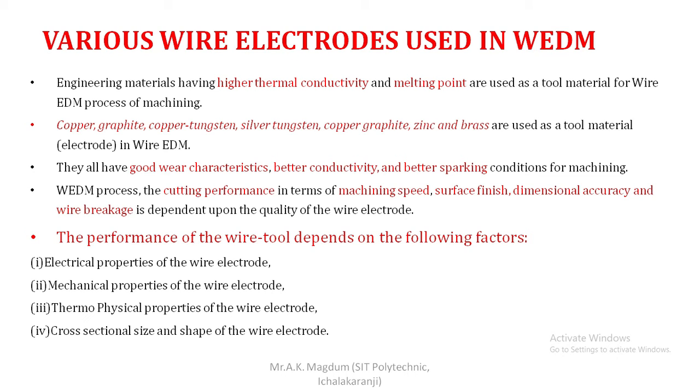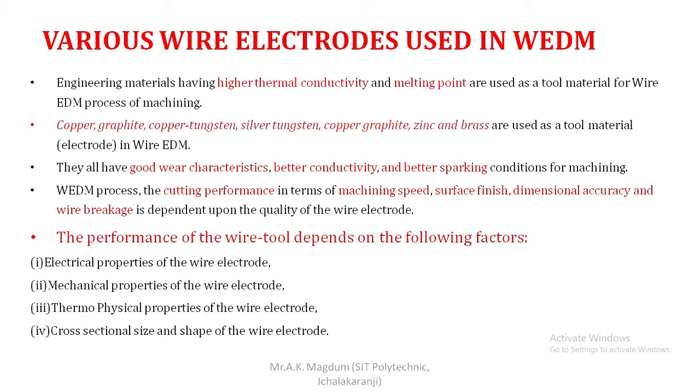Then and only then will it survive according to the requirement of the wire cutting process. Next, the thermophysical properties of the wire are very important, and they should be present in the wire. Then and only then can we use it for the various machining applications in the wire EDM process.